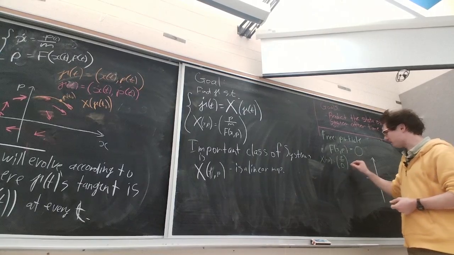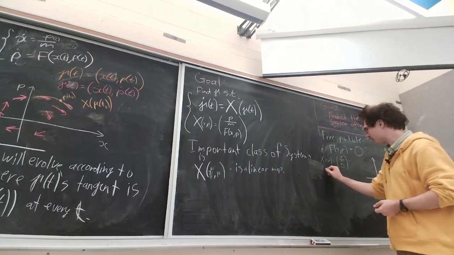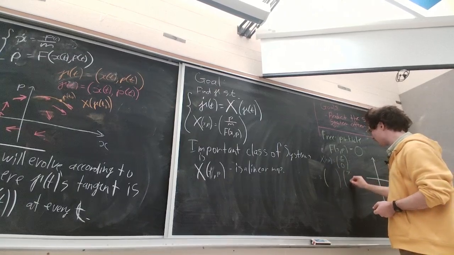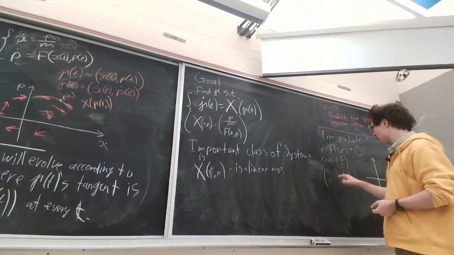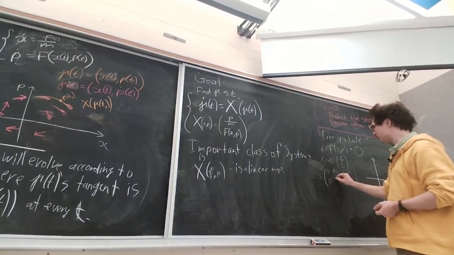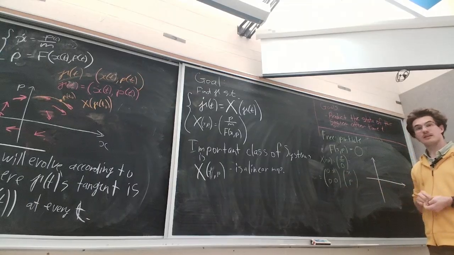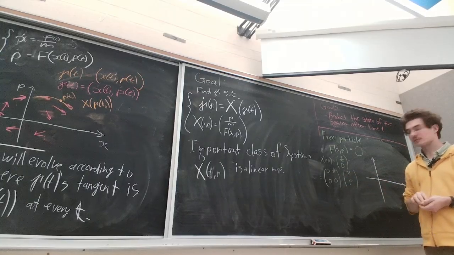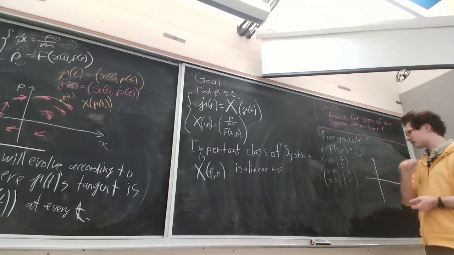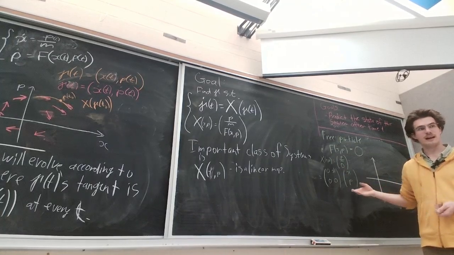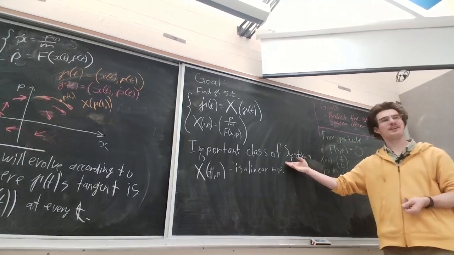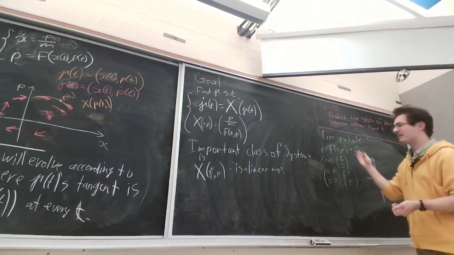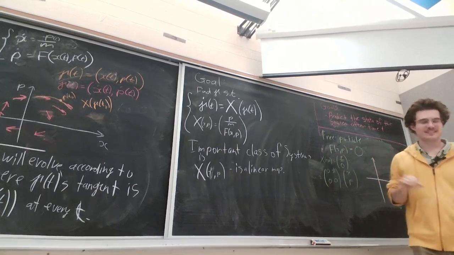Hell yeah, it is a linear map. So this is the matrix acting on (x, p), where x gets sent to 0, and p gets sent to 1 over m, 0. So in this case, X is a linear map. Do you agree? So in fact, this is already in this important class of systems. Maybe this is a completely trivial system, but okay, stop complaining.